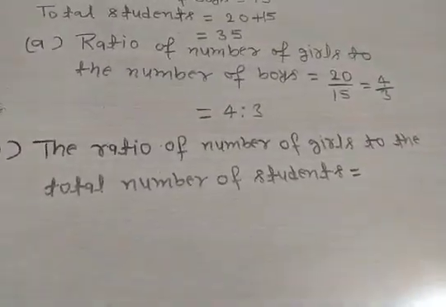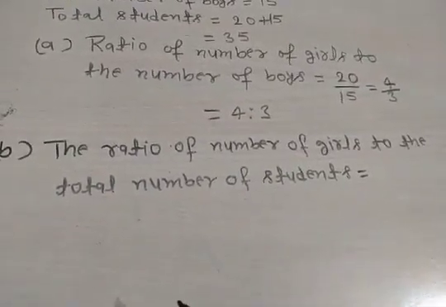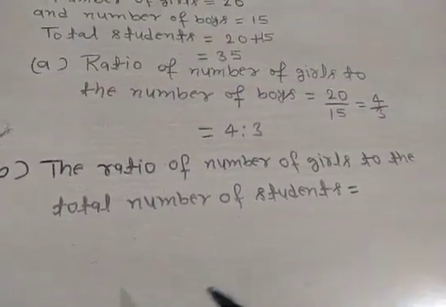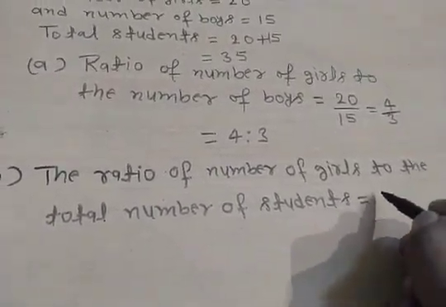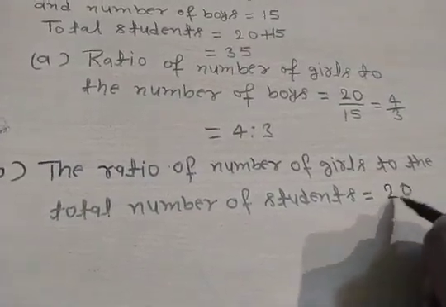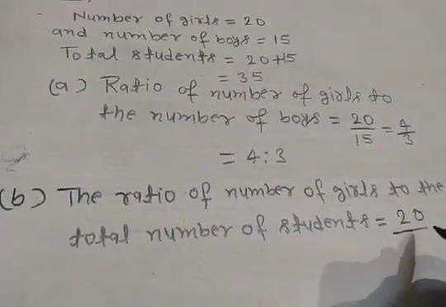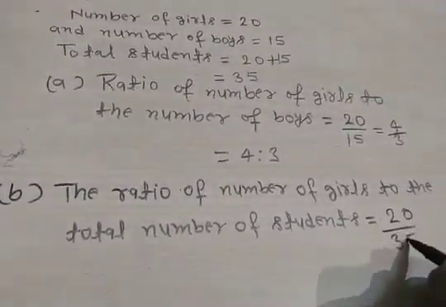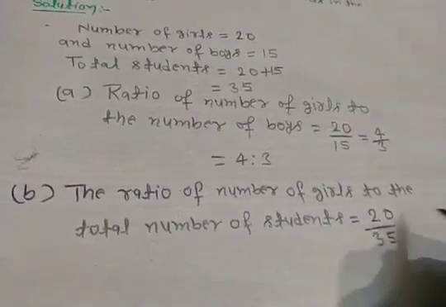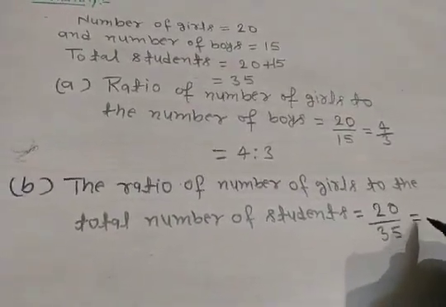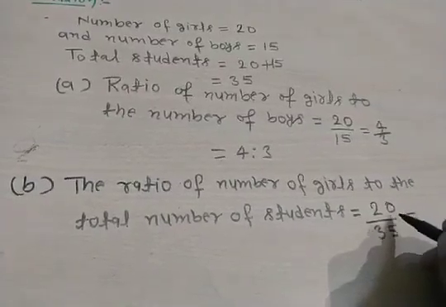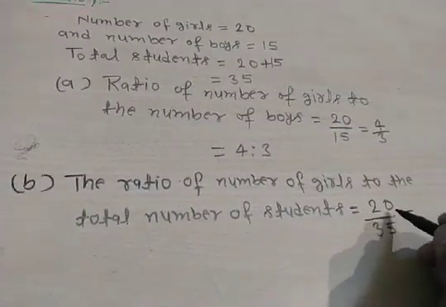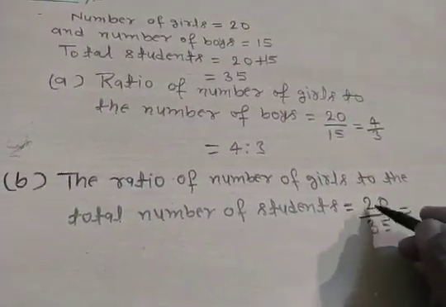In B part, the question asks the ratio of number of girls to the total number of students. So number of girls is 20. We know that this is given. Number of girls is 20, and we find here the total students is 35. Clear? So first we simplify it. How we simplify it? We divide in numerator and the denominator by same quantity. So this is called simplification of fraction.